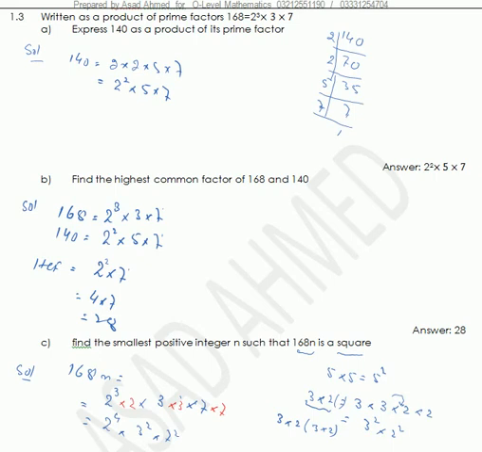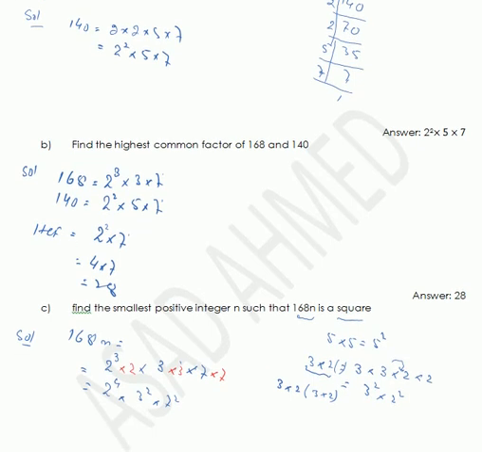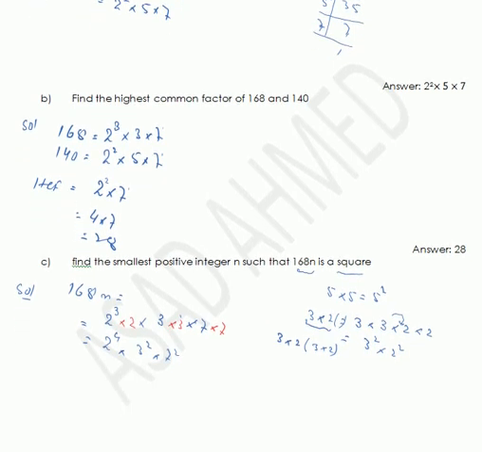Now how can we convert it into square form? We need to do some working here. We can convert the power 4 into a square by dividing the power into two parts. 2 to the power 2 means 4, and 4 squared is 16, and 2 to the power 4 is 16 as well.